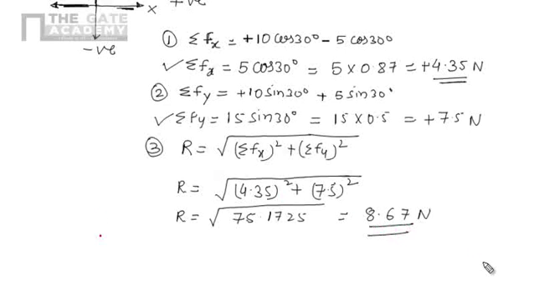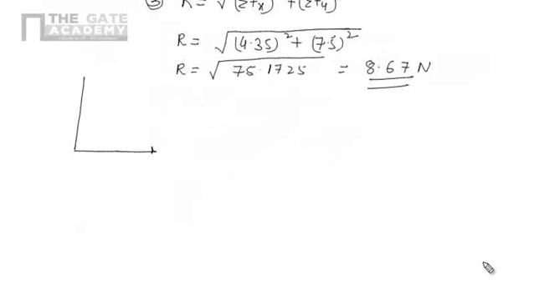Now the direction. Again, first make a coordinate axis, so it will be very easy for our understanding. This is x, this is y, and now we have R, with sigma Fx and sigma Fy as its components, and this angle is theta.